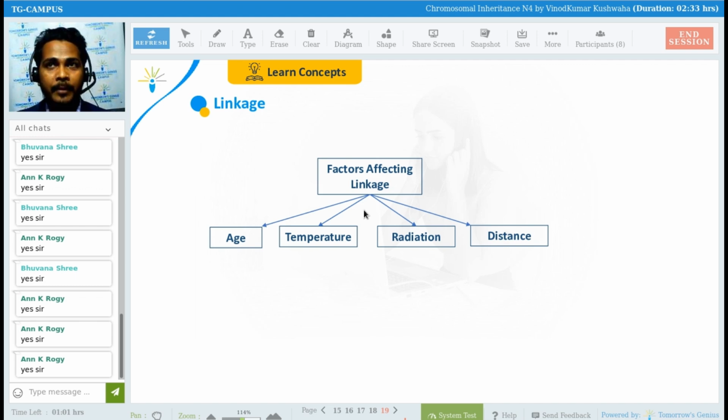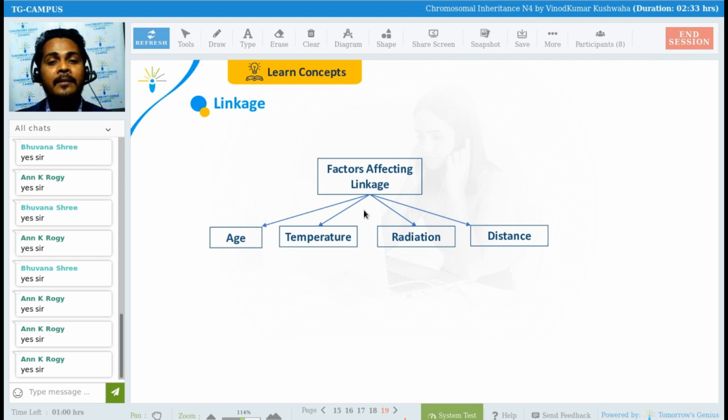That means if any particular organism's age is more, the chances of crossing over are reduced and hence the strength of linkage increases. Temperature: a rise in temperature increases the chance of crossing over.